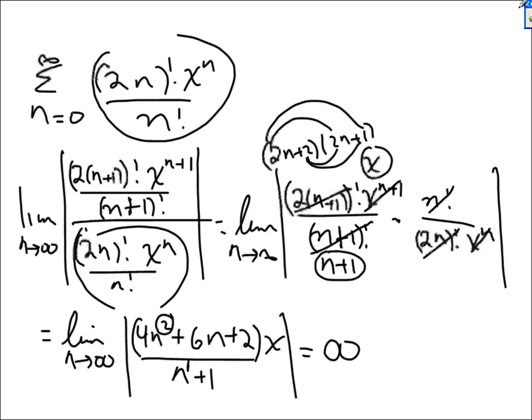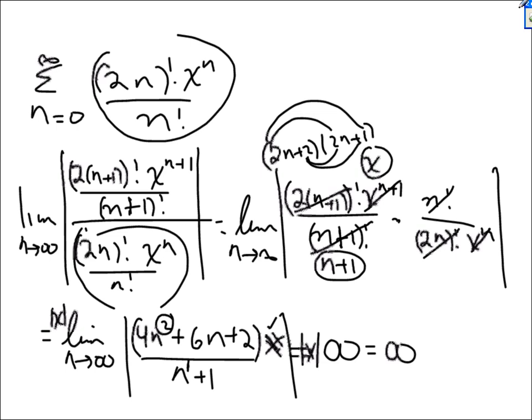It goes to infinity. And when you multiply it by x, x is like a constant. In fact, the absolute value of x can come in front. It has nothing to do with n. So you get the absolute value of x times infinity, which is infinity.